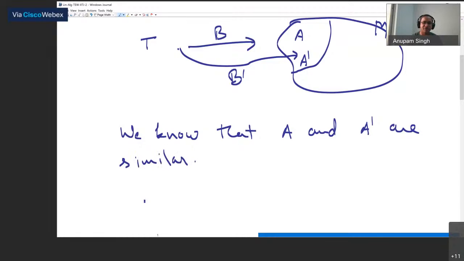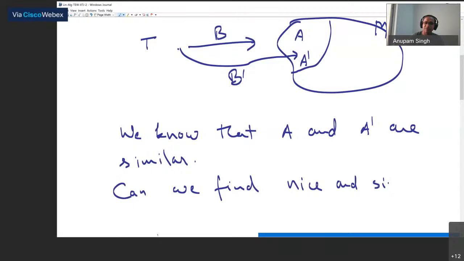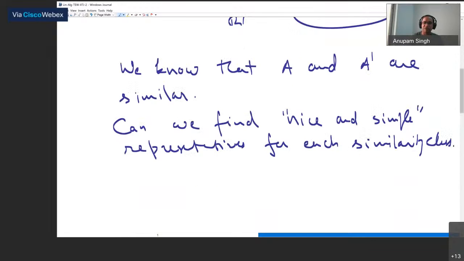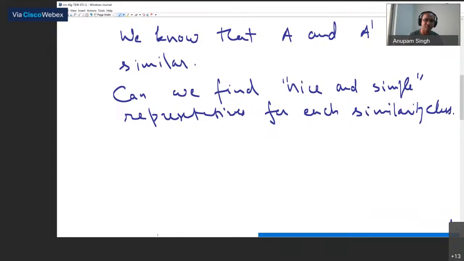Then we ask the question: can we find a nice and simple, whatever this means, nice and simple representative for each similarity class? So you should know that we are trying to find the representative for each class.